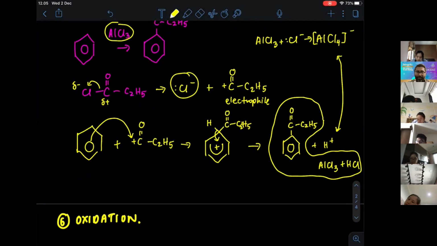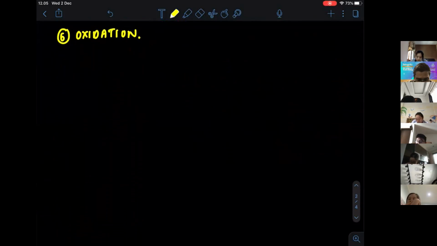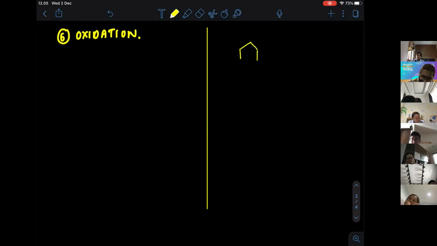Now, let's proceed to the last part. But before I proceed to the last part, please remember, let's do a recap on the substituted benzene. If you look over there, we substituted the first reaction where we get the benzene substituted with the Cl.